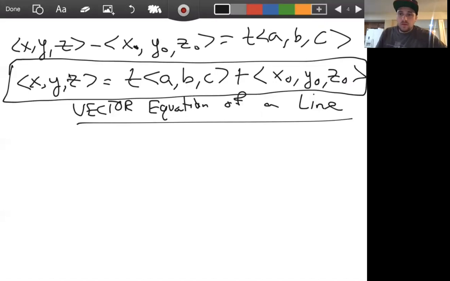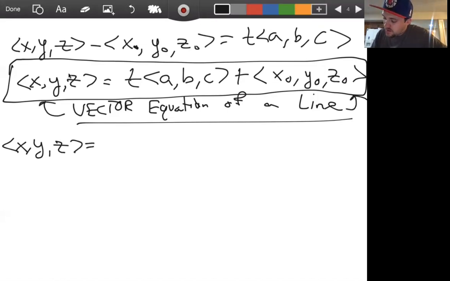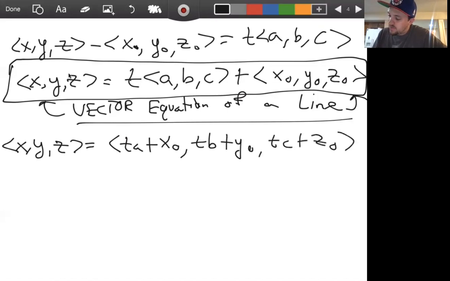So we want to be able to express this in standard Cartesian coordinates. So what can we do here? Well, we can simplify the right-hand side a little more and get x, y, z equals ta plus x naught, tb plus y naught, and tc plus z naught, from first scaling the vector a, b, c and then adding my components together.